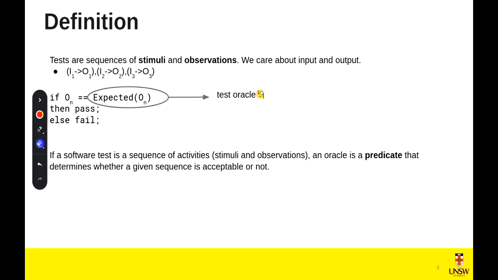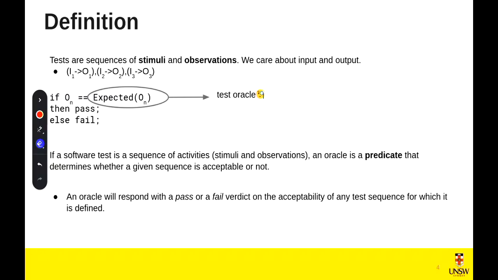And here is a more formal definition for test oracles. If software testing is considered as a sequence of activities like stimuli and observations, then an oracle is a predicate that determines whether a given sequence is acceptable or not.